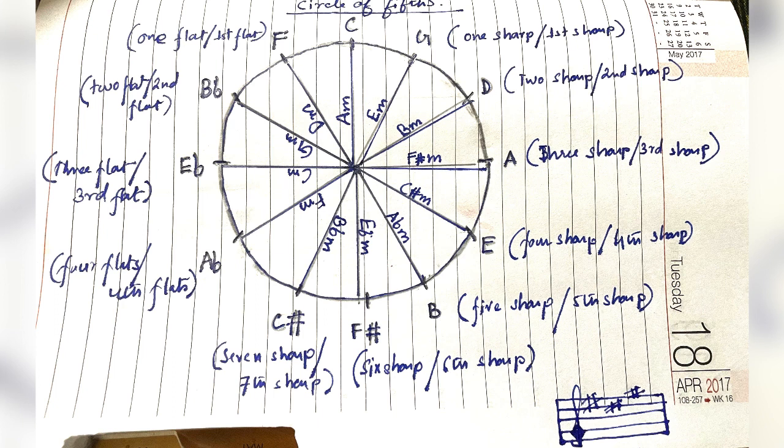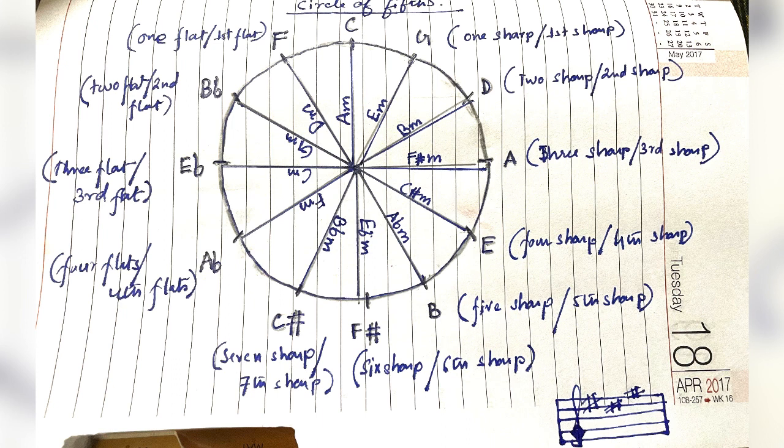To all of you, if you are not clear on it, you can write in the comment section below. We will definitely discuss it. The homework is that you write 5 major scales.